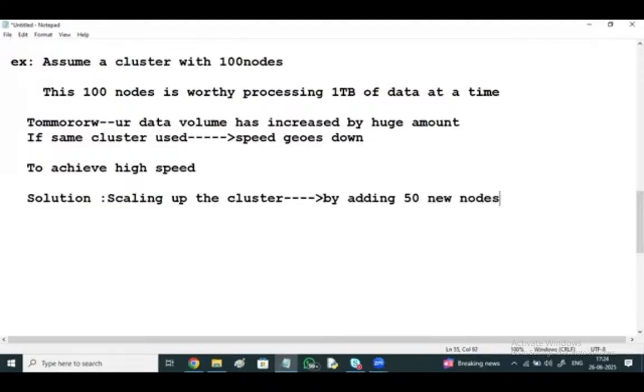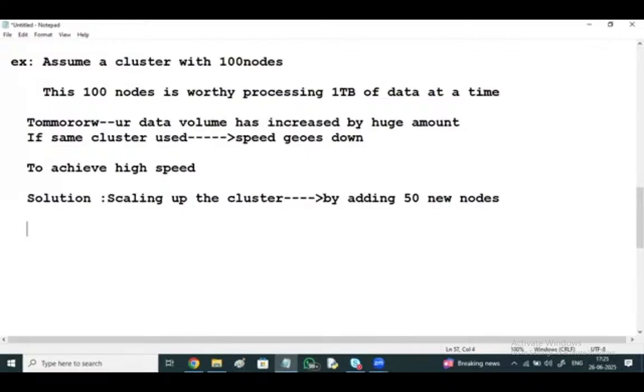Today you have a very small business with 10 nodes. Tomorrow your business has increased, your branches, your customers, and your data have increased, which means your systems also have to increase. You need to scale up to achieve high speed, by adding 50 new nodes.